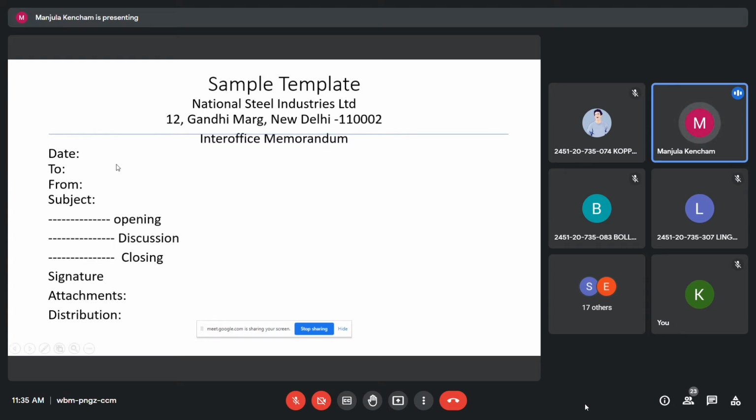You start with a date line, you write the name and designation of the person, the designation of the sender, followed by the subject line. Under the signature, you write the initials of the person by whom the memo has been prepared. We also included the attachments and the distribution segment for our ease of remembrance. These are optional elements though.